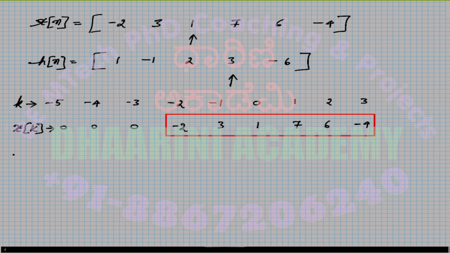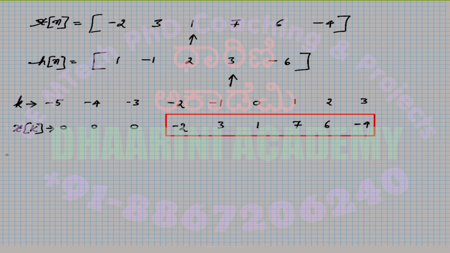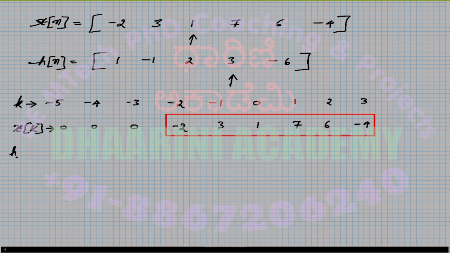Okay, so let's write h of k. Right, so h of k, just write as it is. So below 0 I have 3, this is -6, this is 2, -1, and 1. Then I need to flip this, correct? So perform h of minus k.